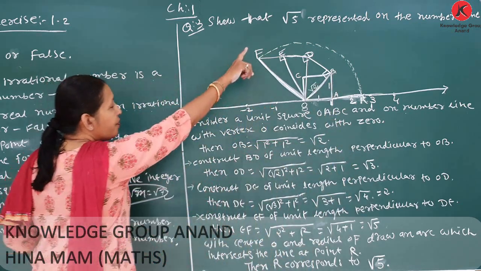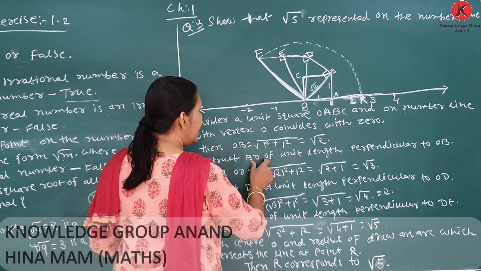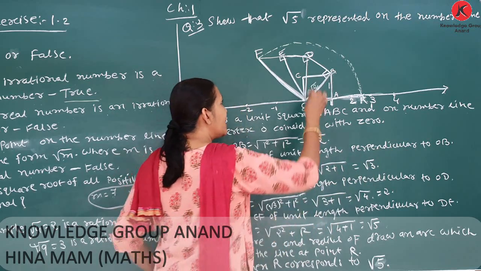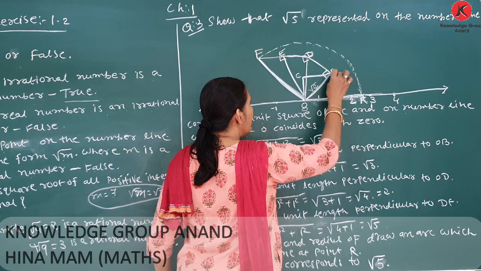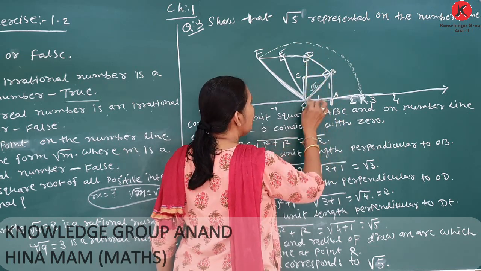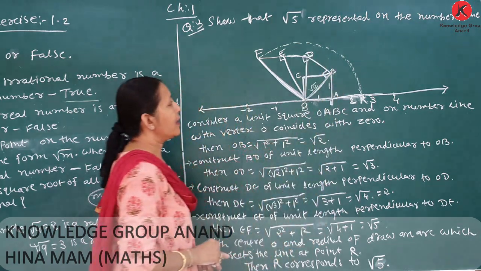Now we find root 5. Construct BD of unit length perpendicular to OB, and join OD. Triangle OBD is a right angle triangle.